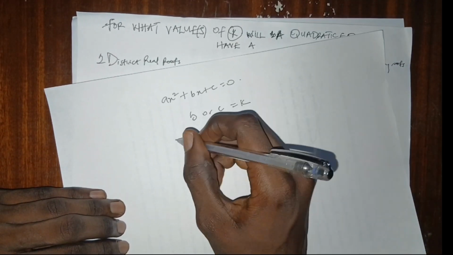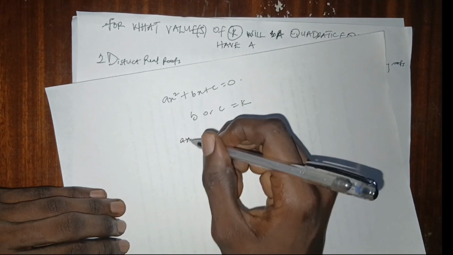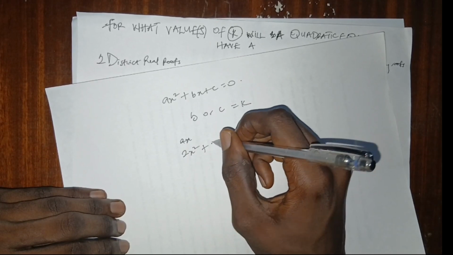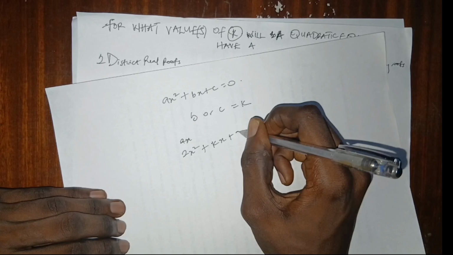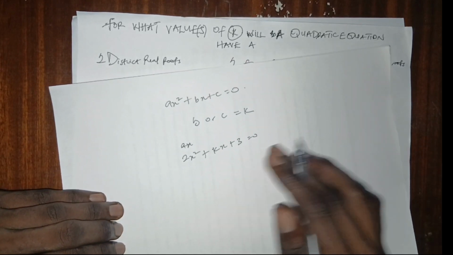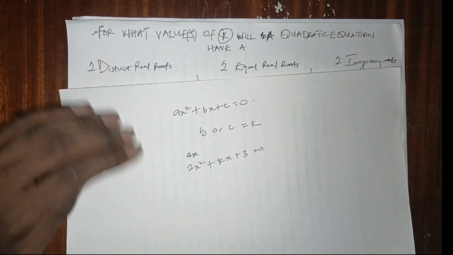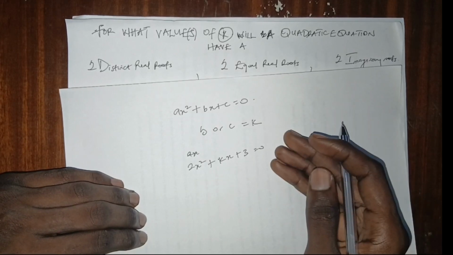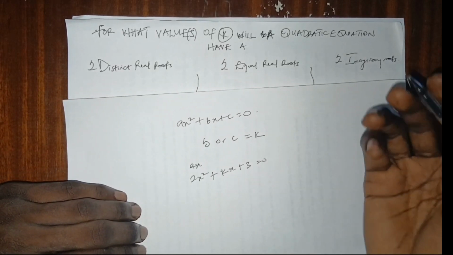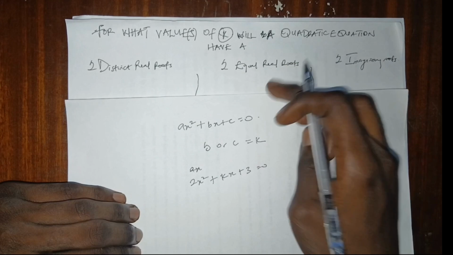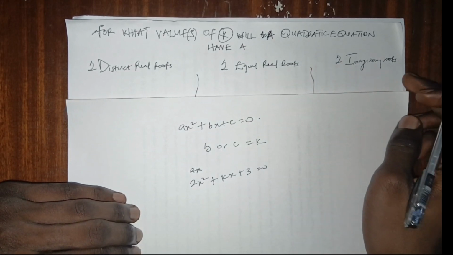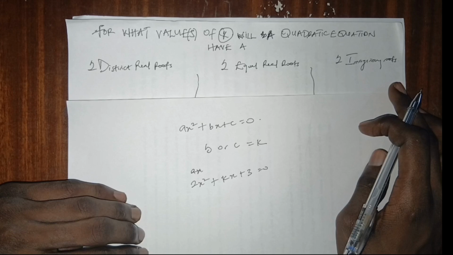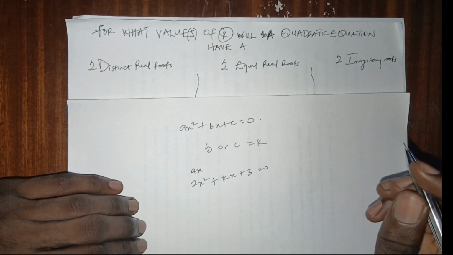Let's say for example you have 2x squared plus kx plus 3. So what values or value of k will make this have two distinct roots, two equal roots, or two imaginary roots?